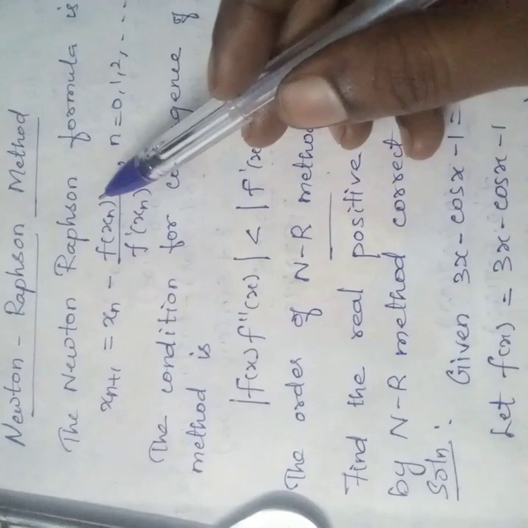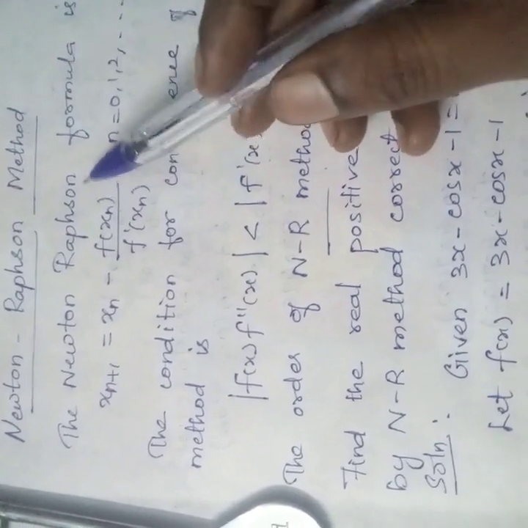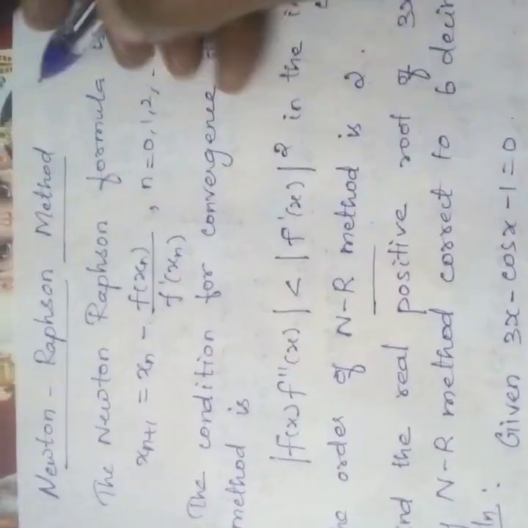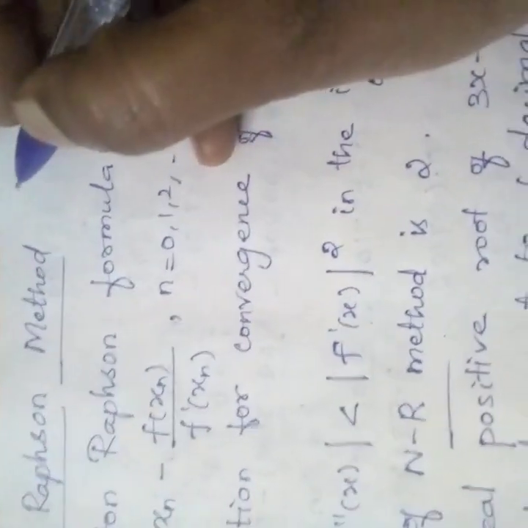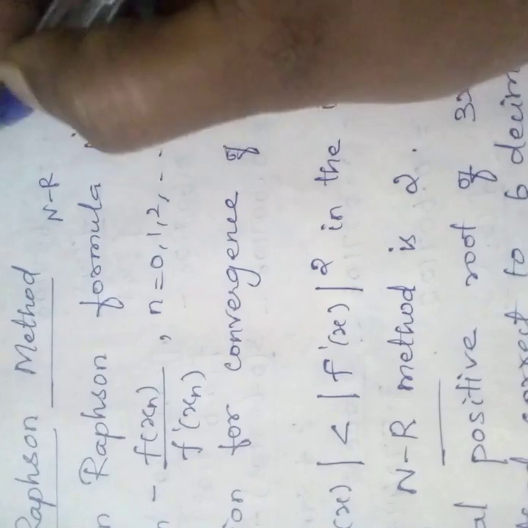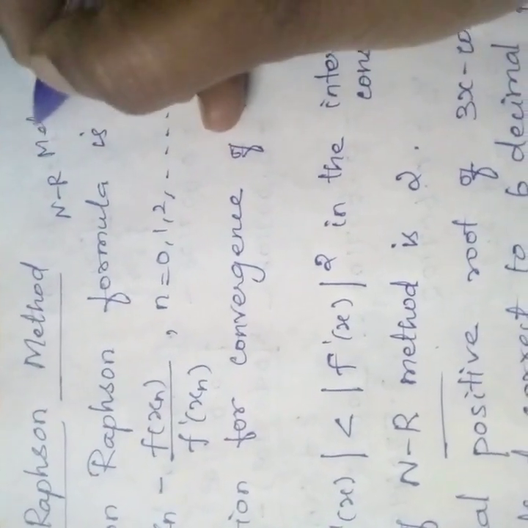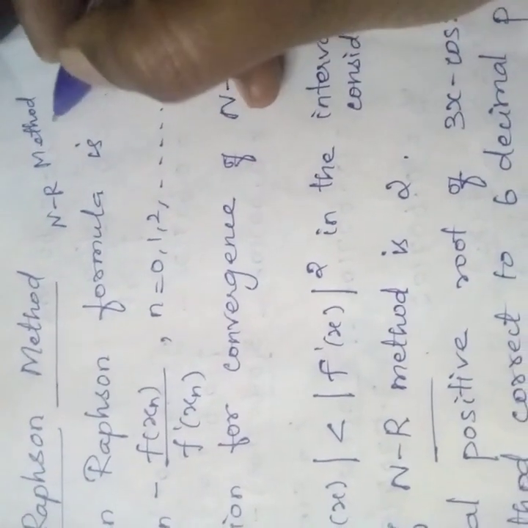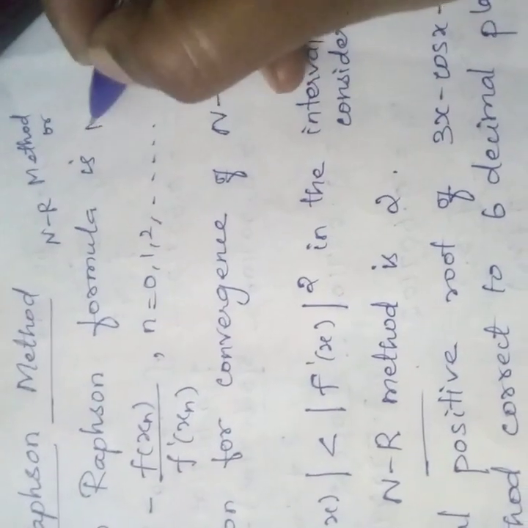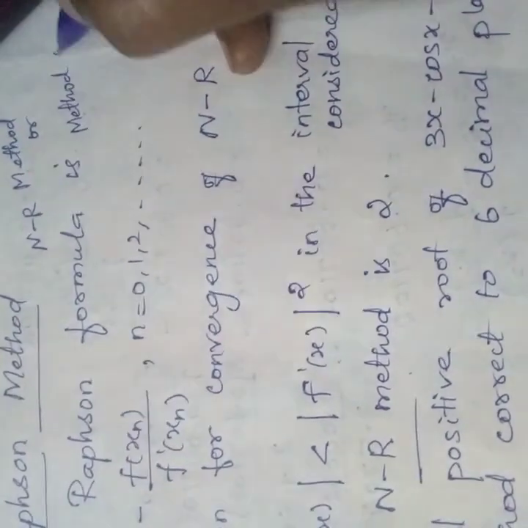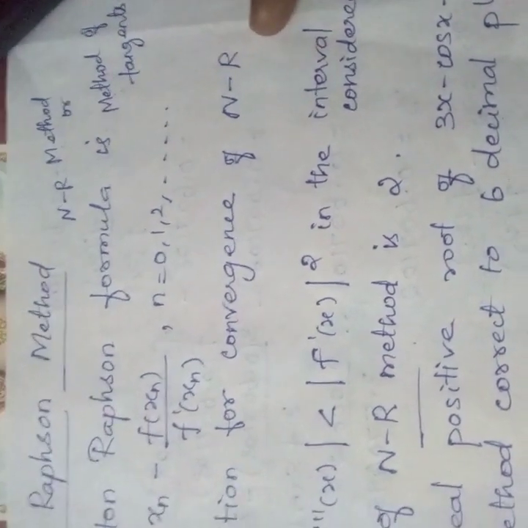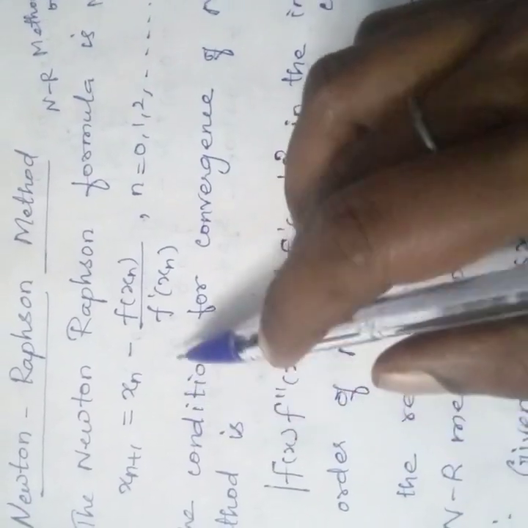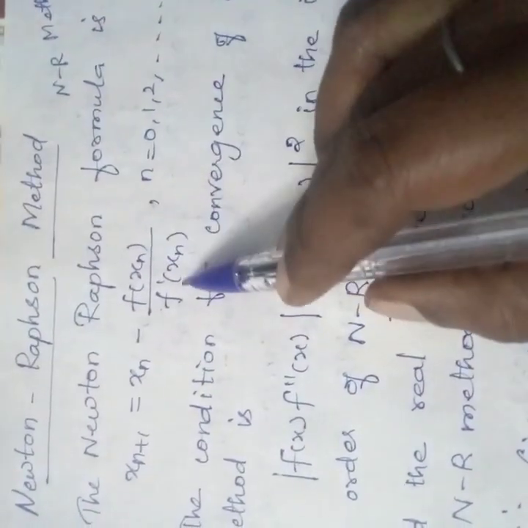This is the formula for the Newton Raphson or NR method, which is also known as the method of tangents. Its another name is method of tangents. Okay, this is the formula: x(n+1) equals xn minus f of xn by f dash of xn.